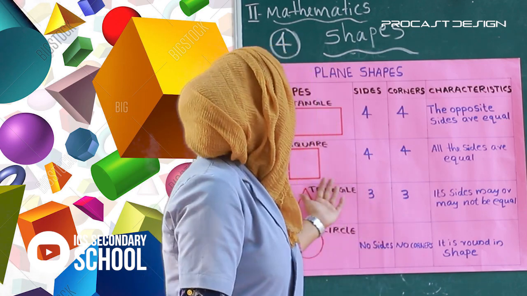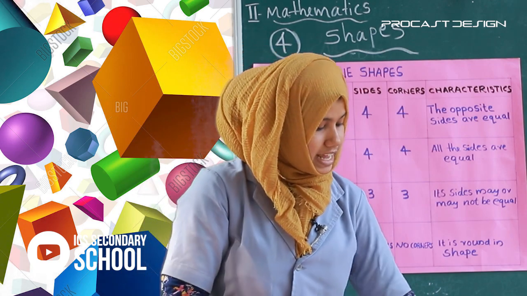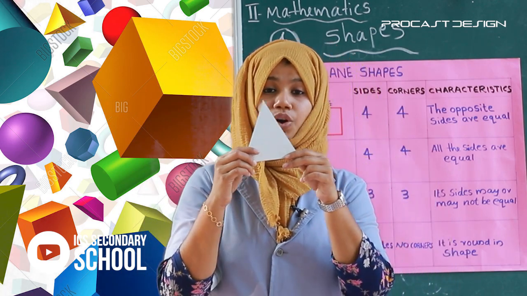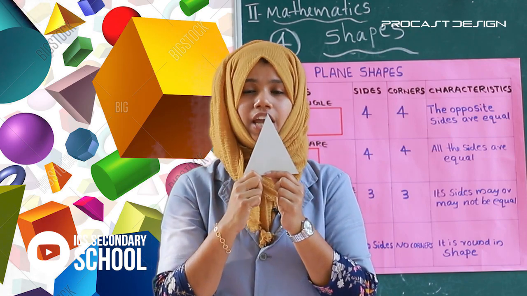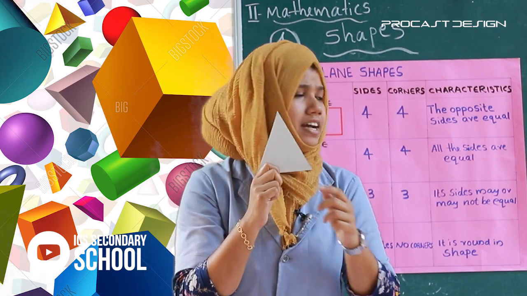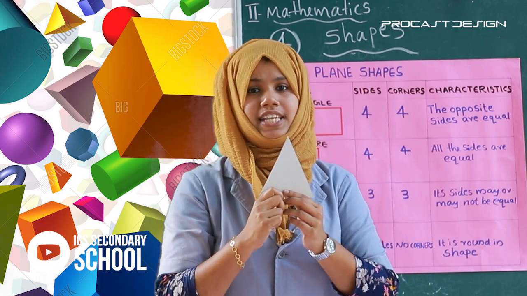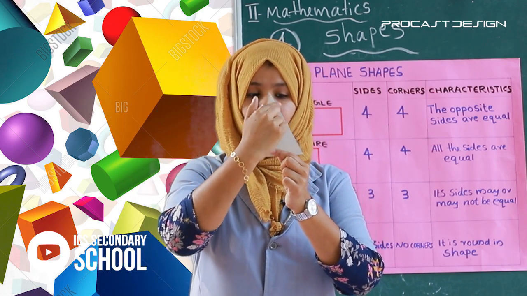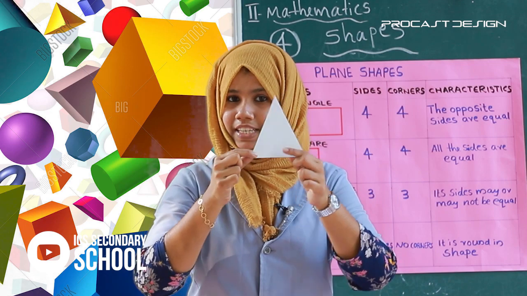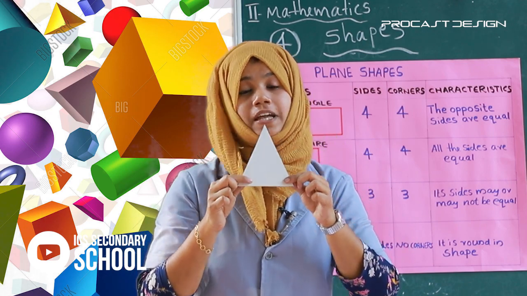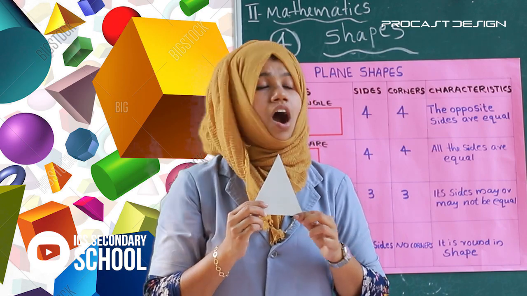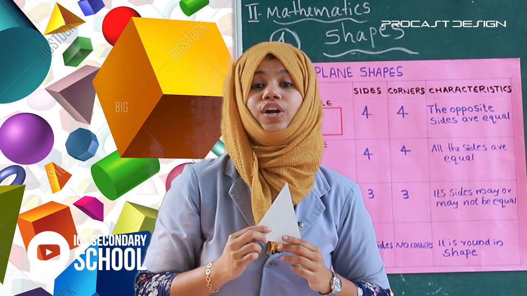The next one is triangle. Do you know what is the shape of a triangle? Yes, this is the triangle shape. How many sides are there in a triangle? 3 sides: 1, 2 and 3. How many corners are there?